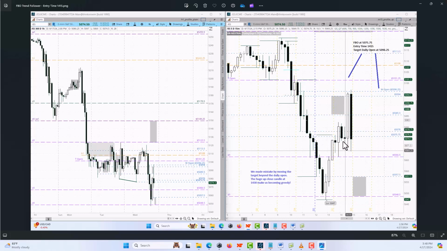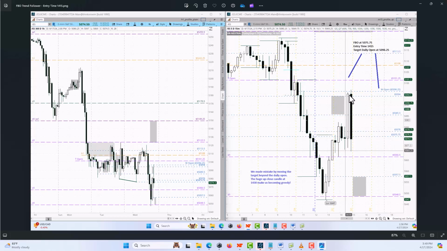So we put a buy at 0.75 right here, which is at the level that it hit right here, and then it retraced. So we put a buy stop at that level, and we got into the trade.